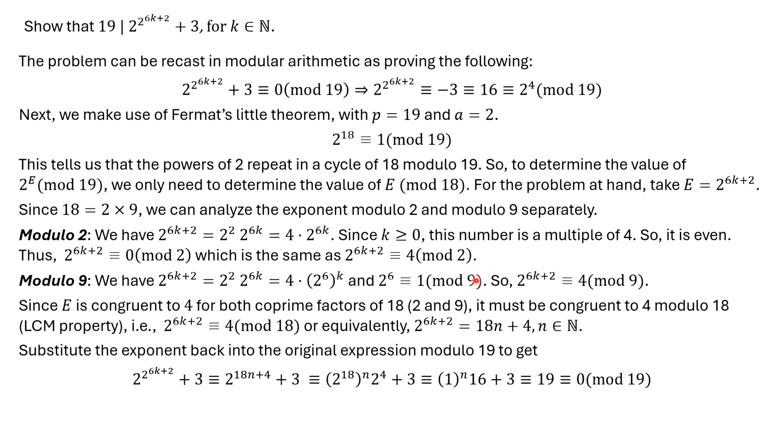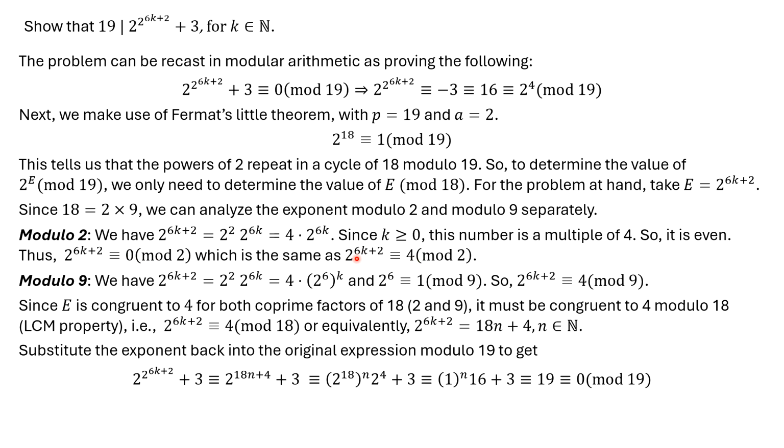Remember, 9 times 7 is 63, and so you just have a remainder of 1 relative to 64. And so this term goes to 1, and 2 to the 6k plus 2 is just congruent to 4 mod 9. So you can see here why I wanted to use 4 rather than 0.